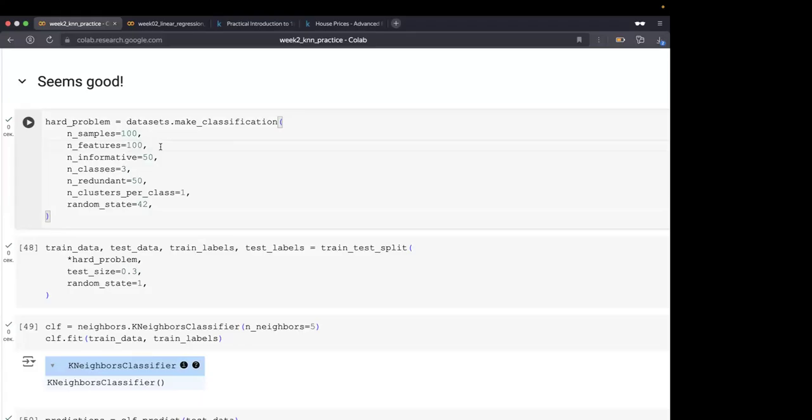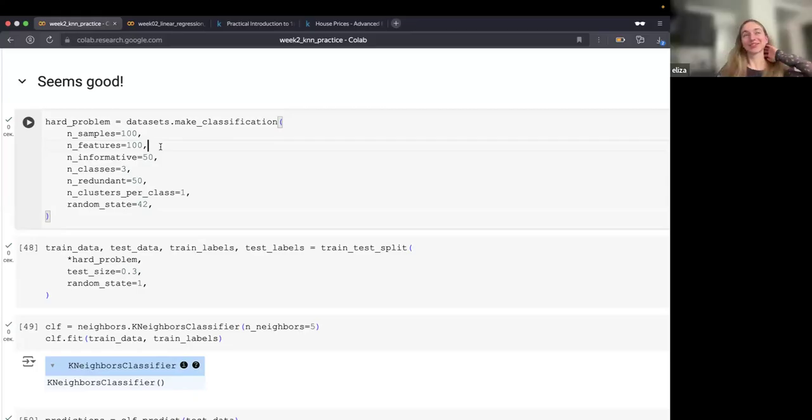It's computationally expensive. Yep, it's really expensive, but the main problem is the curse of dimensionality.